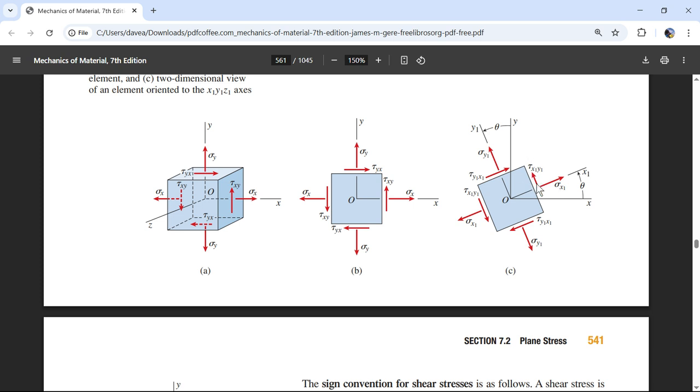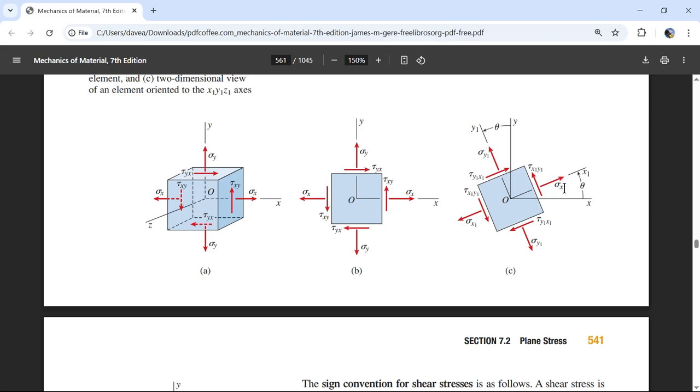When the shear stress is 0, one of the normal stresses is going to be maxed. I don't want to get ahead of myself, but that is true. So there's an angle where one of the normal stresses is going to be a maximum. That's what we're going to be able to do with the equations.